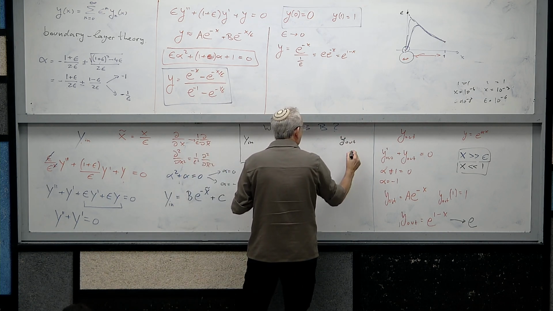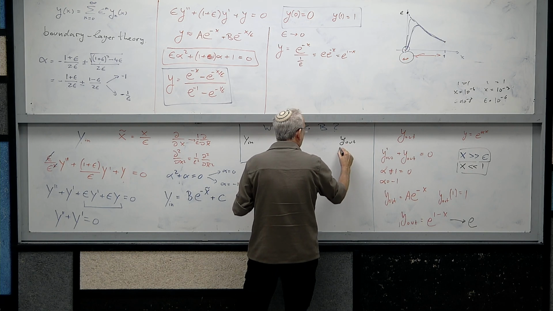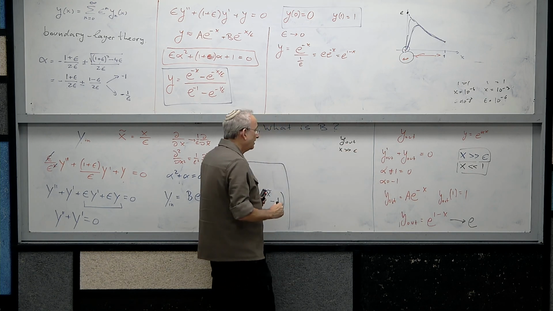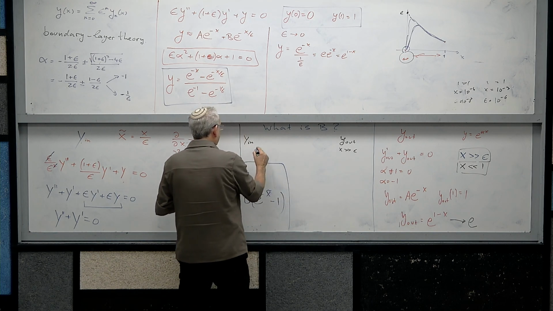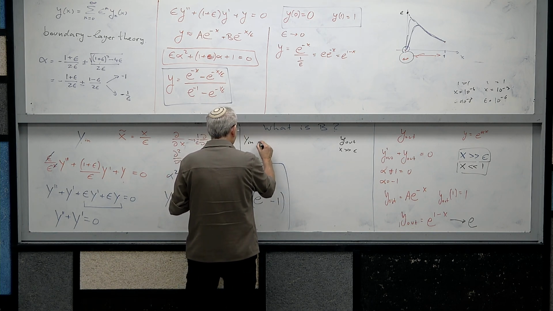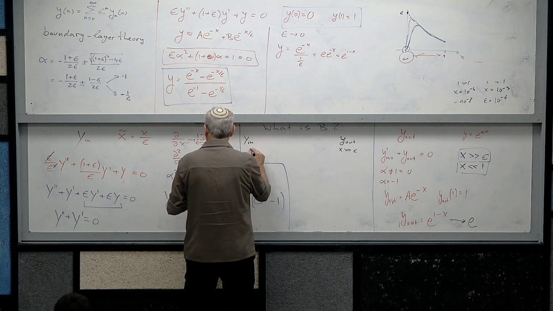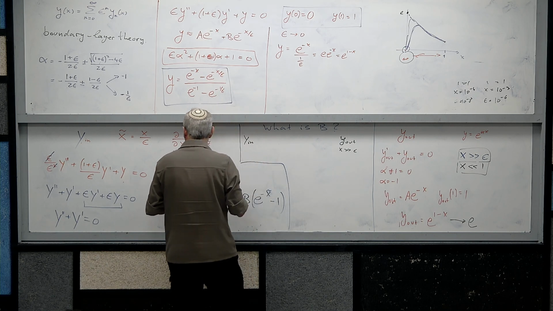We derived y out by assuming that x is much larger than epsilon. We derived y in by assuming that, what is the assumption here?